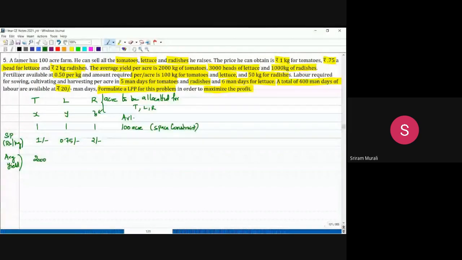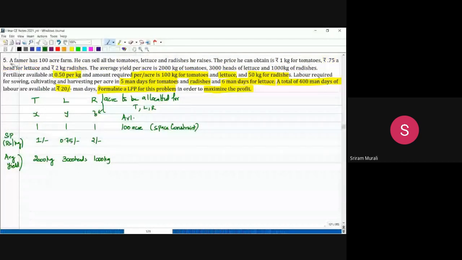For 1 kg it is 1 rupee, so for 2000 kg it is 2000 into 1. That is the selling price. 300 heads is given for lettuce, whereas 1000 kg is given for radishes. This is the third sentence.